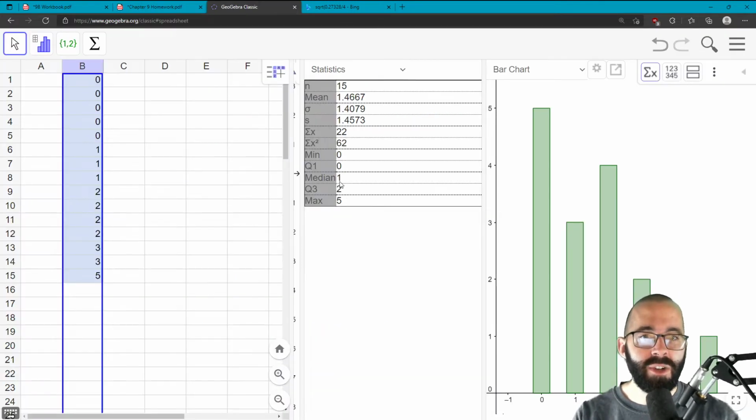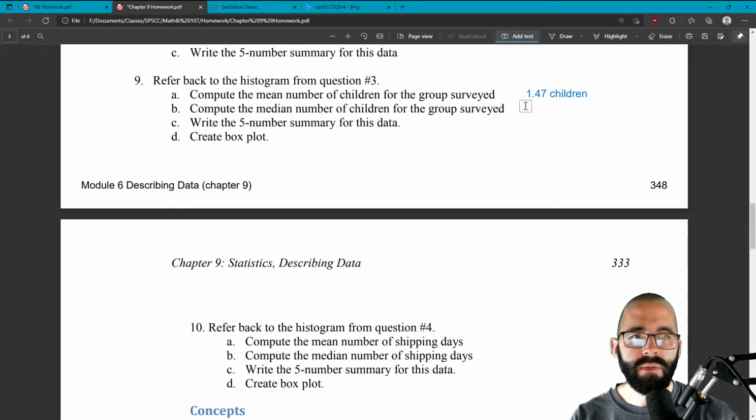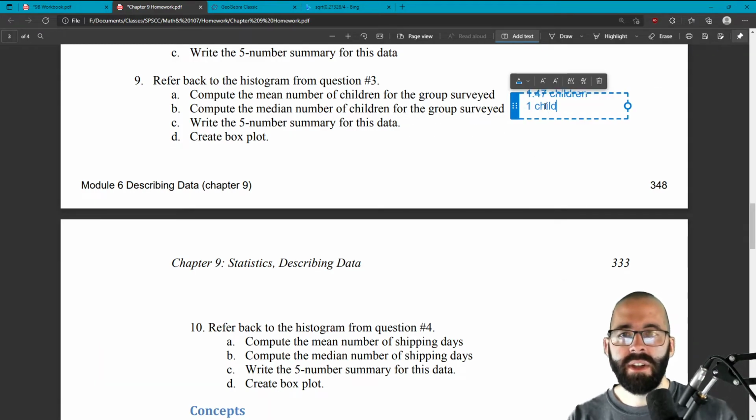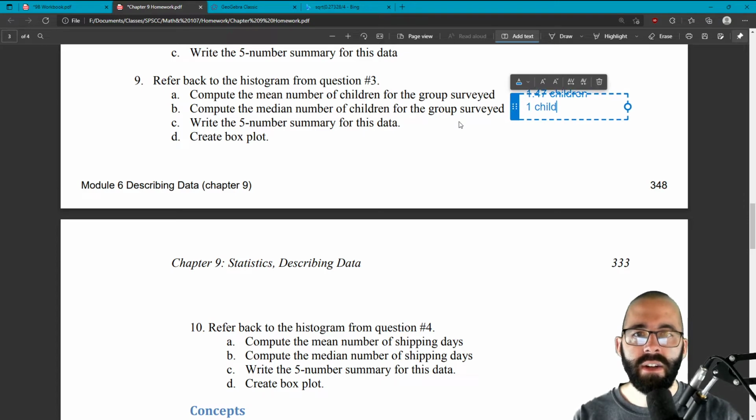The median number of children, though, is 1. The typical person, in this case, and even then it's a little misleading, has 1 child, because it's actually not that common. It's much more common to have 0 or 2. But anyway, 1 child is going to be the median.